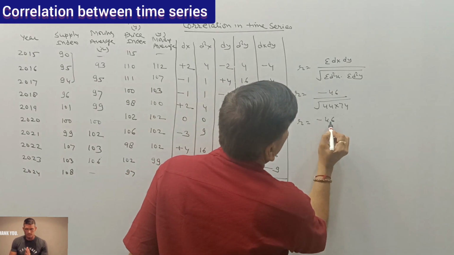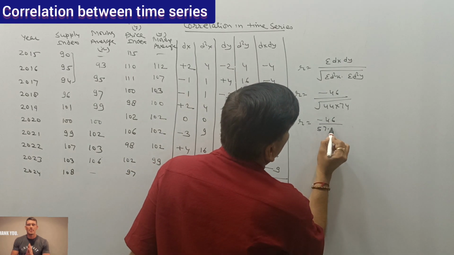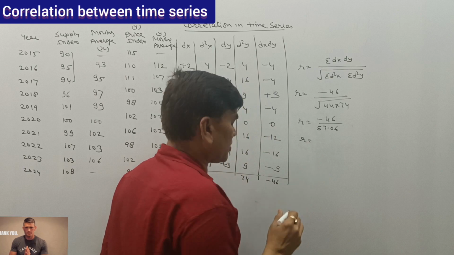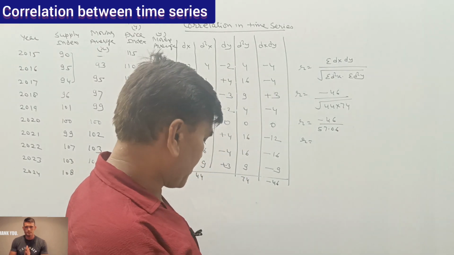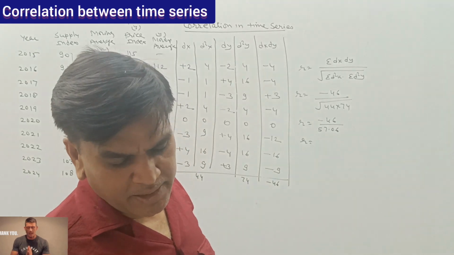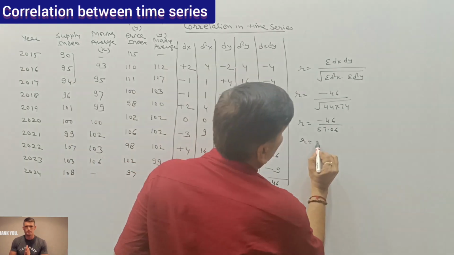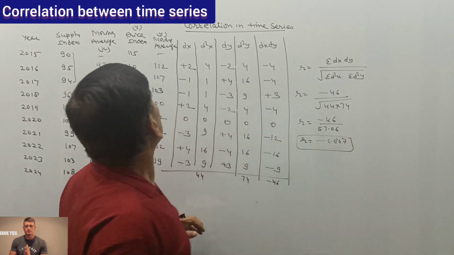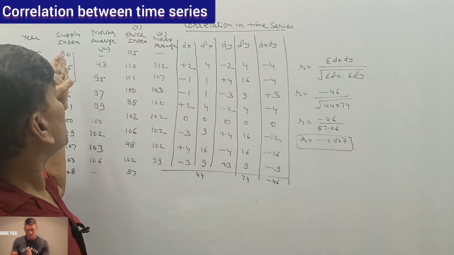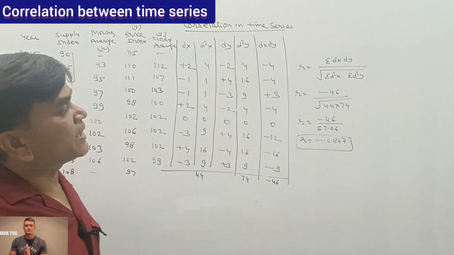So minus 46 upon 57.06. So the value of correlation will be minus 0.807. So there is a higher degree negative correlation between supply index and price index.